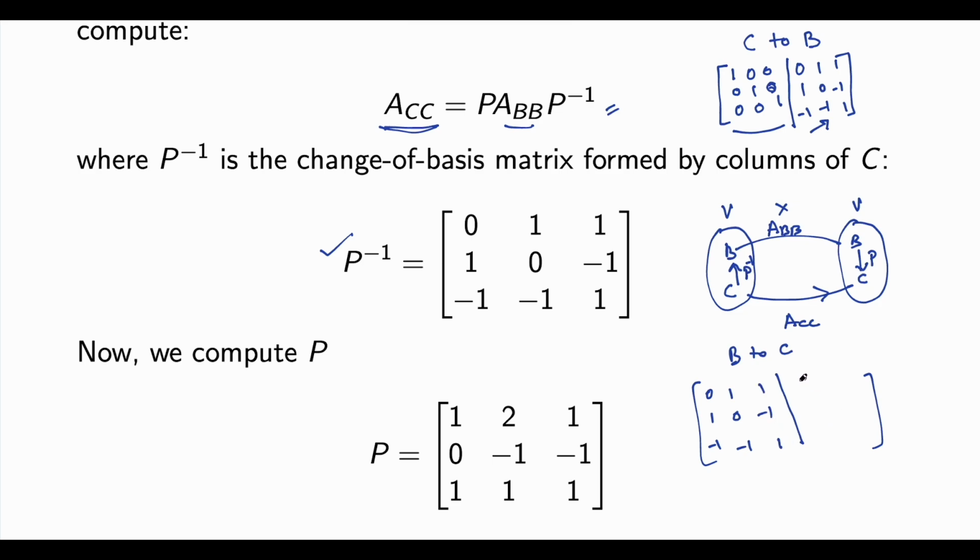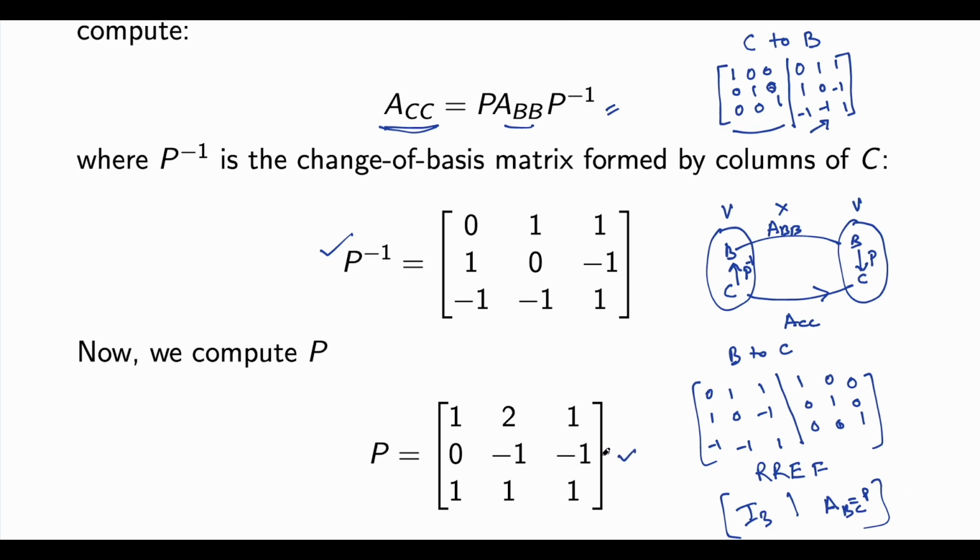And the B columns are already the standard basis. In that case, this is not in RREF, so apply RREF. You know how to apply RREF to make the form like this: identity, and then here A, B to C, right? You got the point or not? And this is nothing but your P.